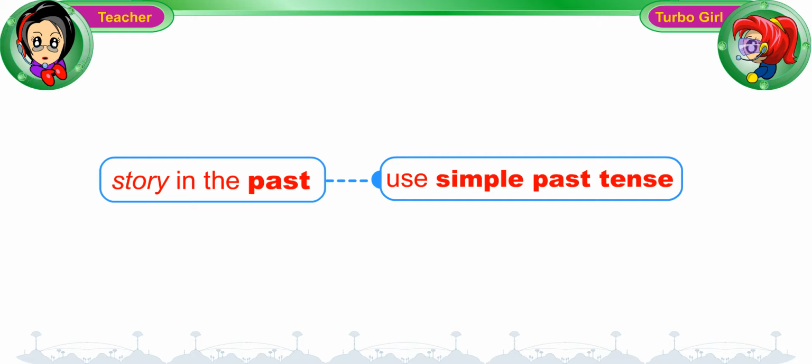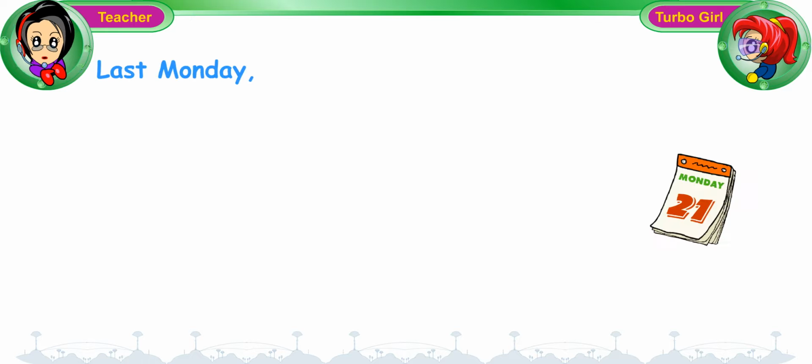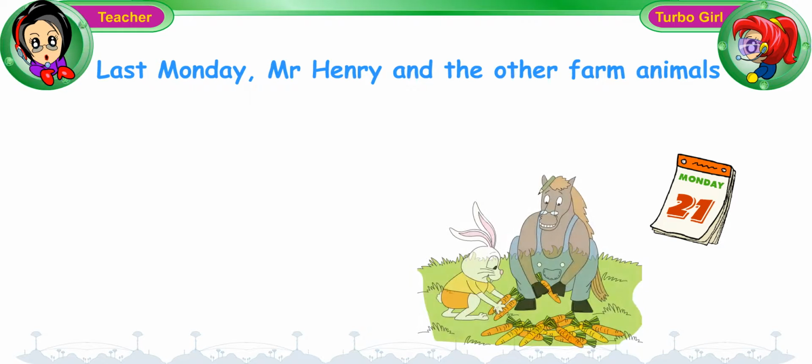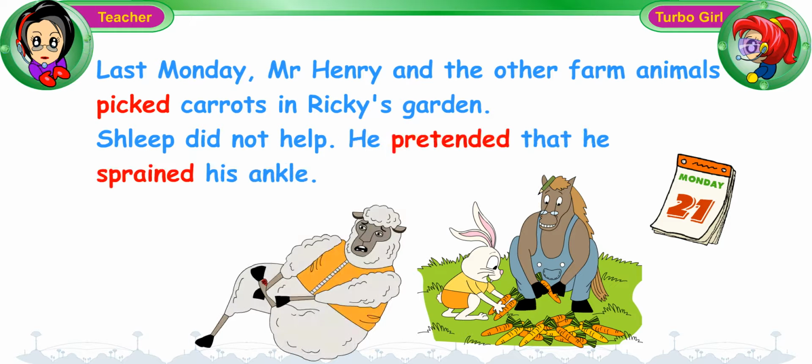All right. Let's write a few sentences of a very short story about Sleep and the other farm animals. Last Monday, Mr. Henry and the other farm animals picked carrots in Ricky's garden. Sleep did not help. He pretended that he sprained his ankle.